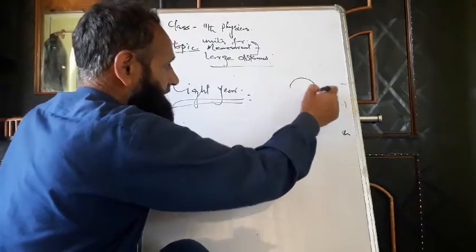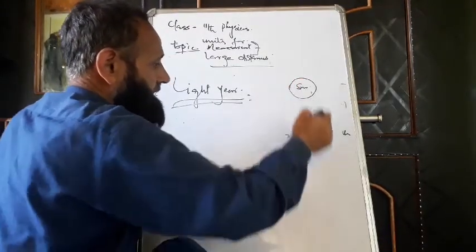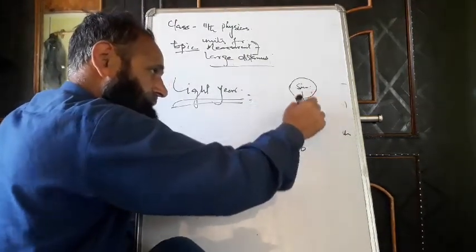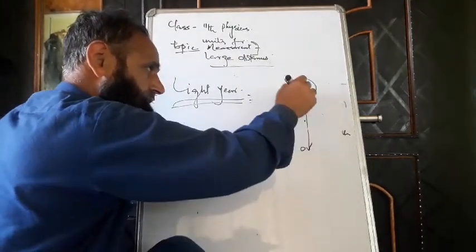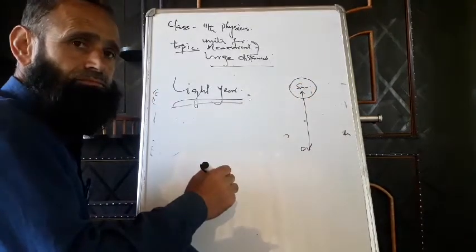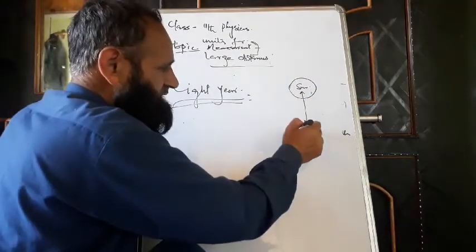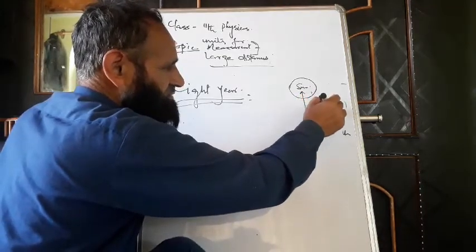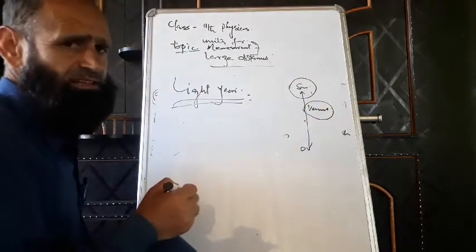For example, if we take our sun and our earth, the light coming from the sun to the earth first comes through vacuum, a very large distance covered in vacuum.